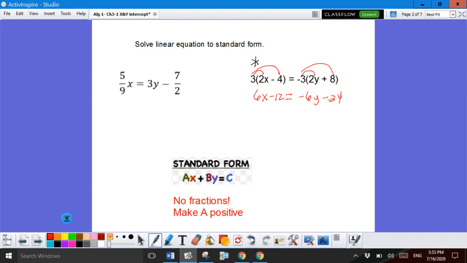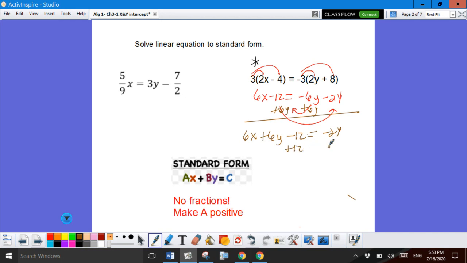Okay, so I need ax plus by. So I need to get this guy to the other side and that one over there. So if I move the 6y, I'm going to be adding it. Okay, I'm going to be adding 6y. So 6x, 6y, the minus 12, the negative 24.